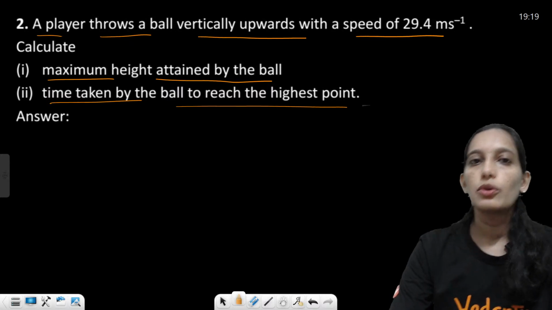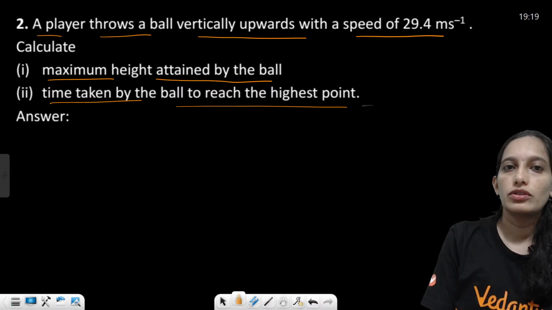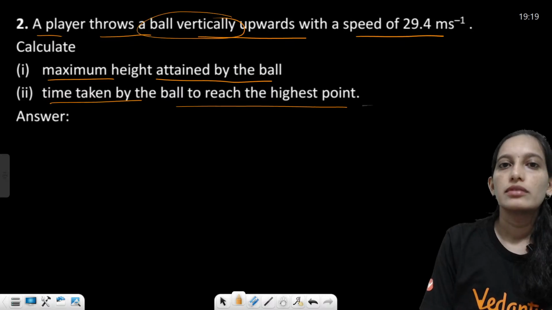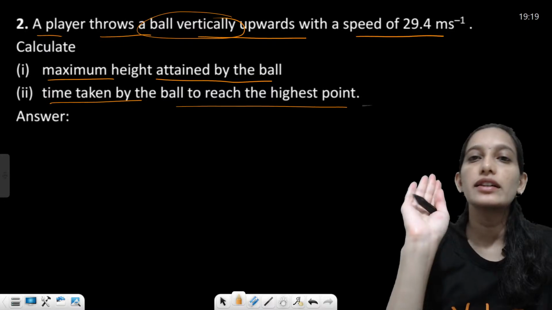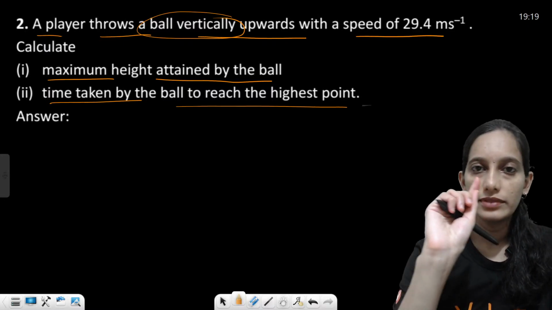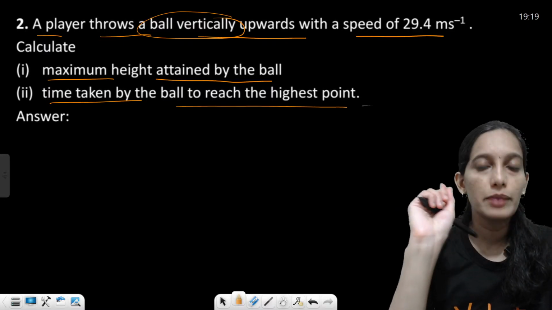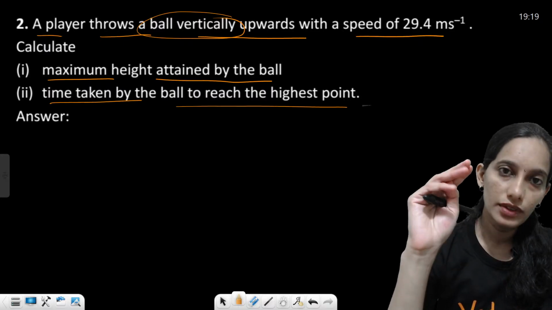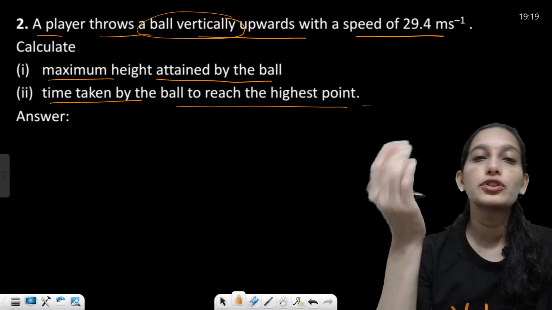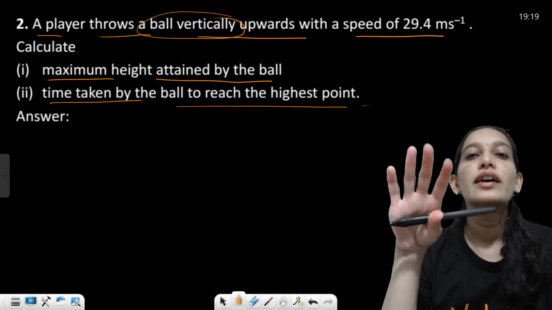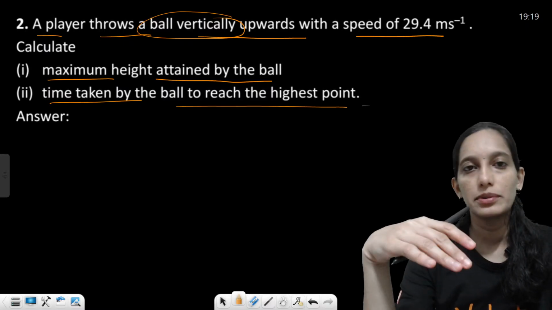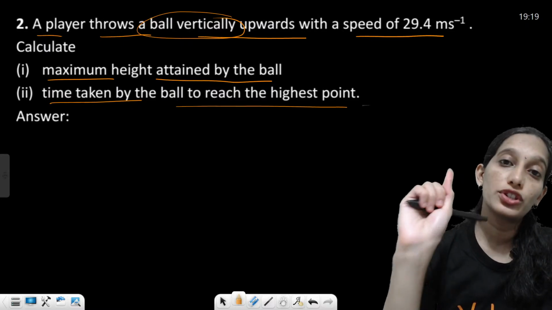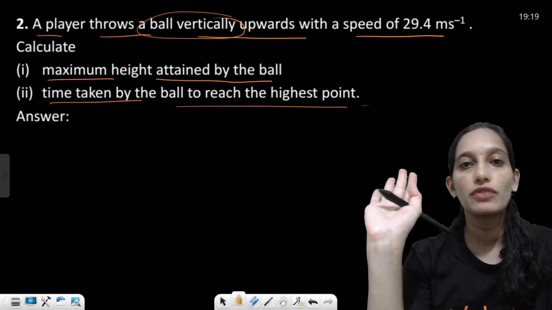Okay, what they have given to us is mentioned clearly: the ball is vertically thrown upwards. Vertically upward means it is a one-dimensional problem. Don't get confused, because I am discussing this question in the 1D chapter, but when you take the whole syllabus, they can ask a question from motion in 2D or motion in 1 dimension.